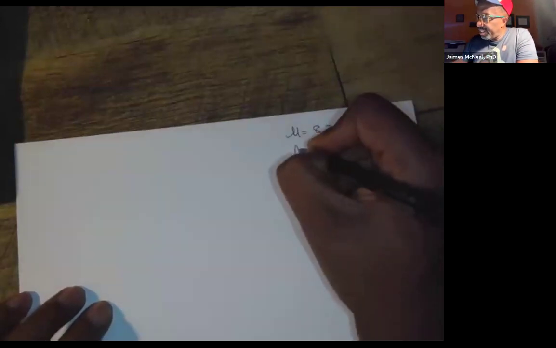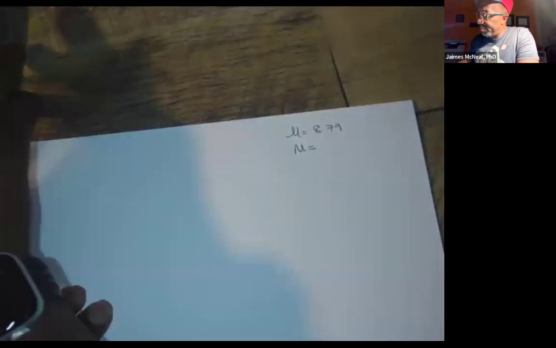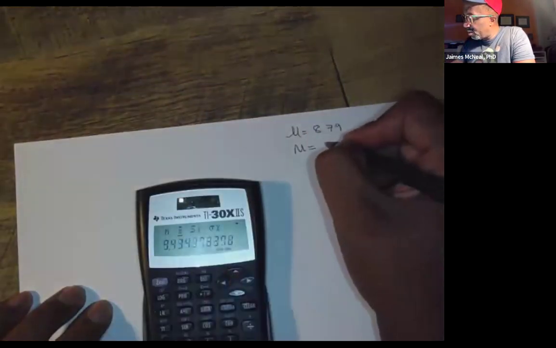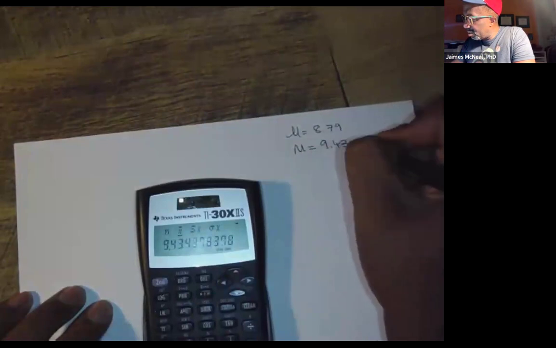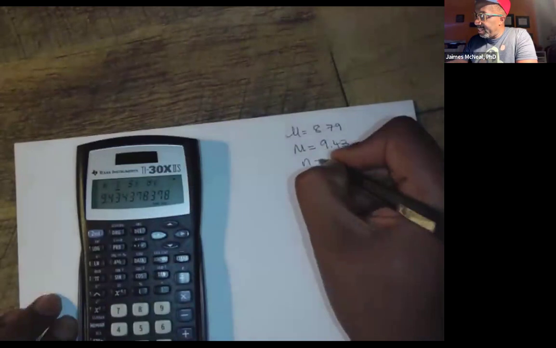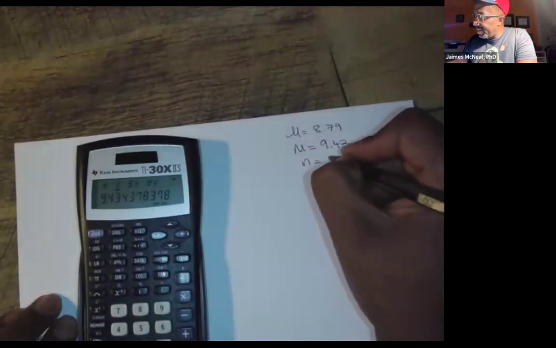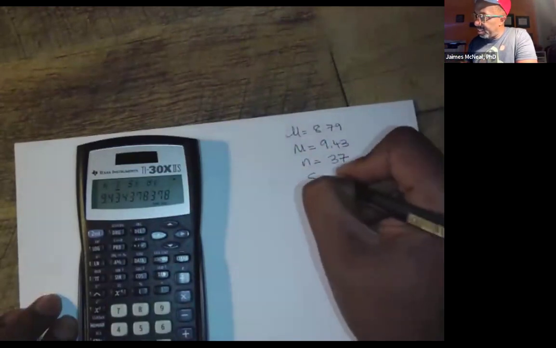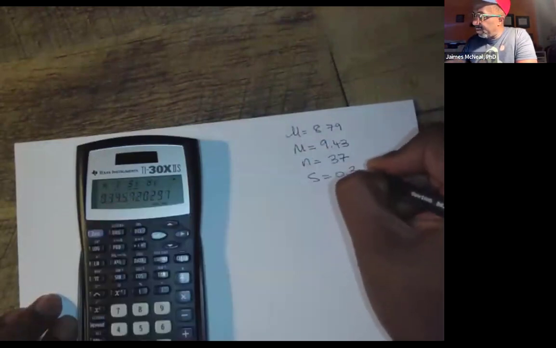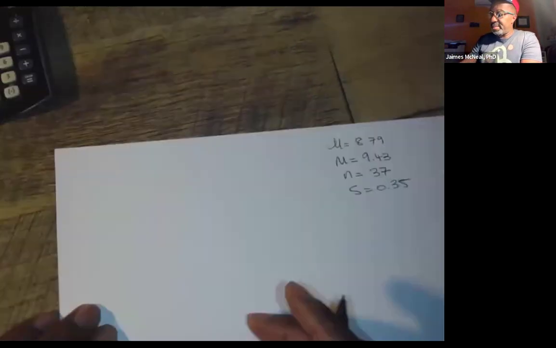The mean that we just got was 9.434, or 9.43. The n size is 37, and the standard deviation is 0.35. All right, so let's work through the steps.